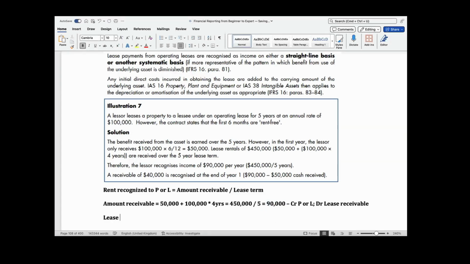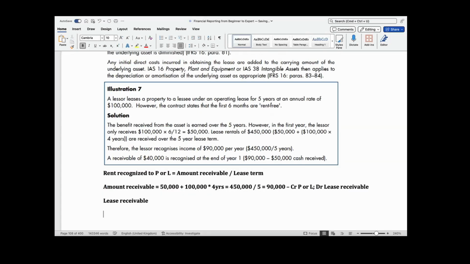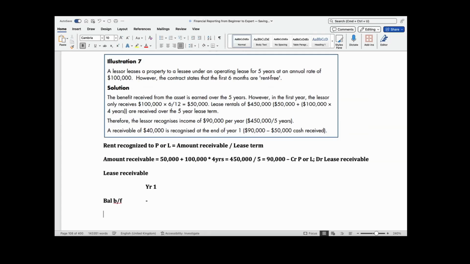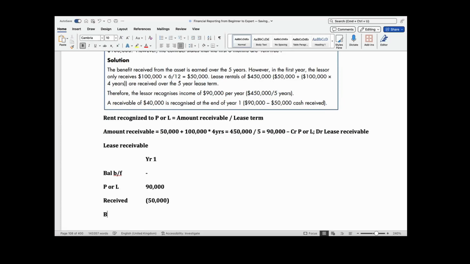So you should have a lease receivable, which is an asset account, that, let's say in year one, you recognize 90K to it, that you're expecting, but you only received how much? 50K.